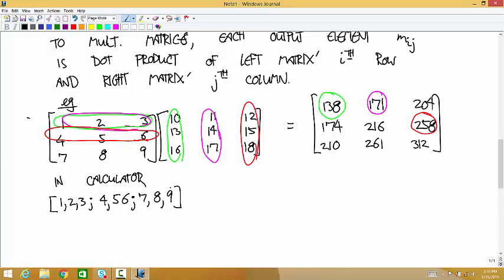So that's that first matrix. And then just use the regular multiplication function. 10, 11, 12, semicolon, 13, 14, 15, semicolon, 16, 17, 18. And it'll spit out that answer, if that answer is correct, which I hope it is.